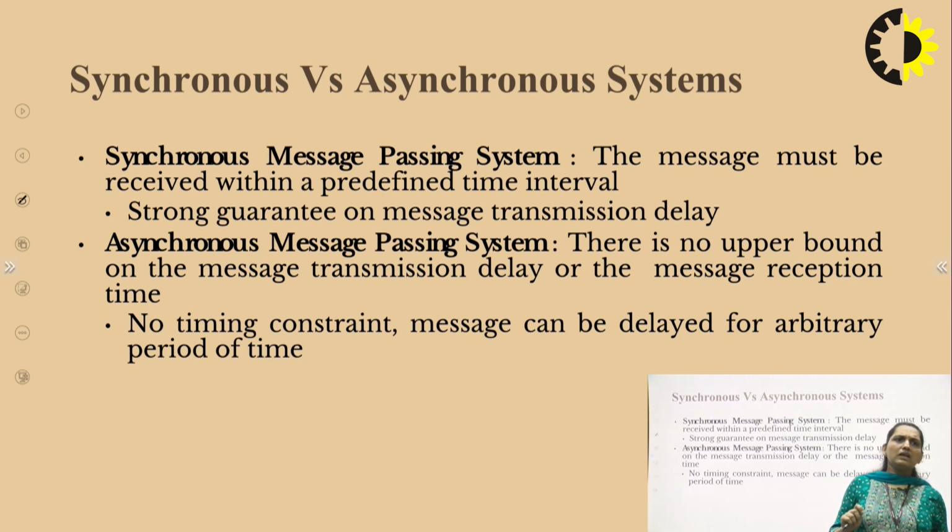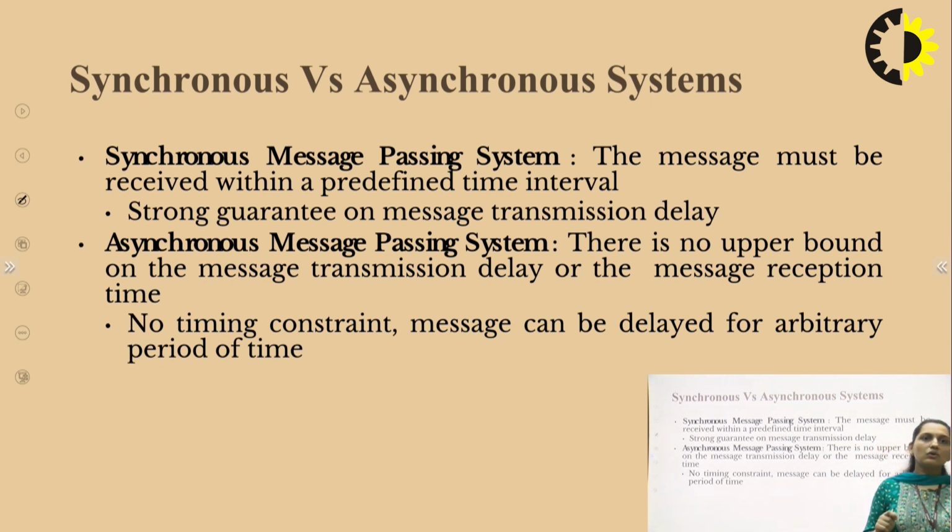So we have a strong guarantee on message passing delay, and at that predefined interval we will definitely get a message from the neighboring nodes, which is used in distributed consensus protocols.